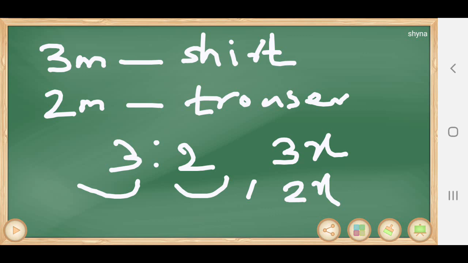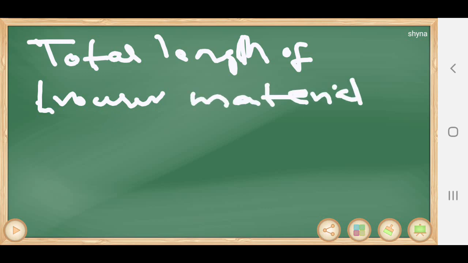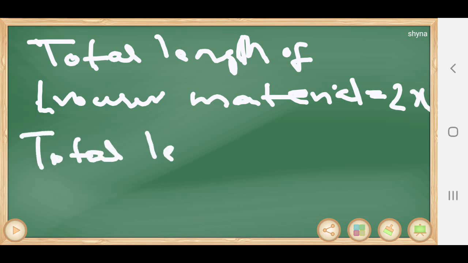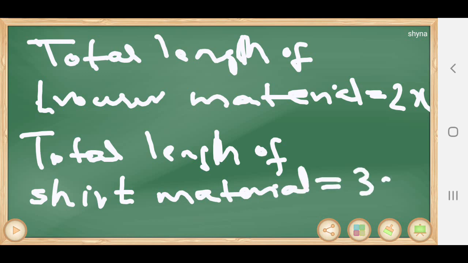Then we can write: total length of the trouser material equal to 2x, total length of shirt material equal to 3x meter.